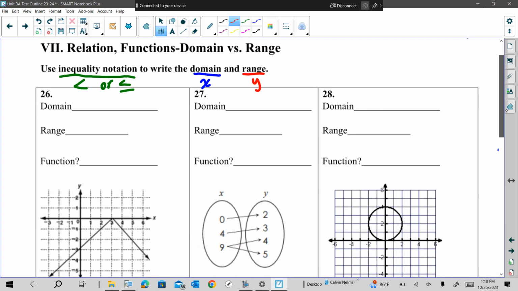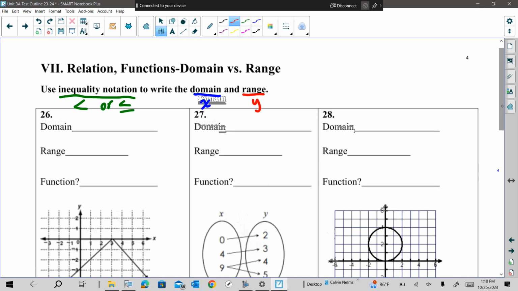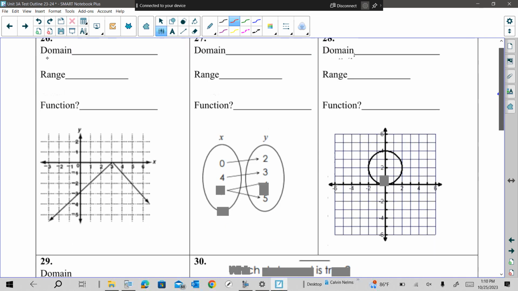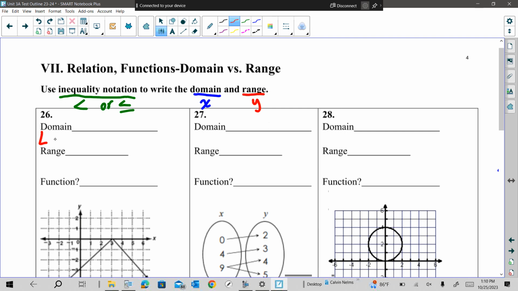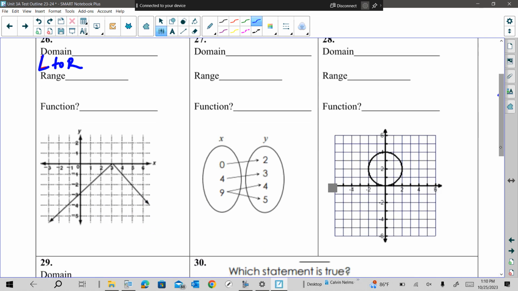So when we're finding the domain and range on a graph, we have to scan the graph for domain. You're going to go left to right. The graph on here, guys, is this kind of upside down V. That's the actual function.